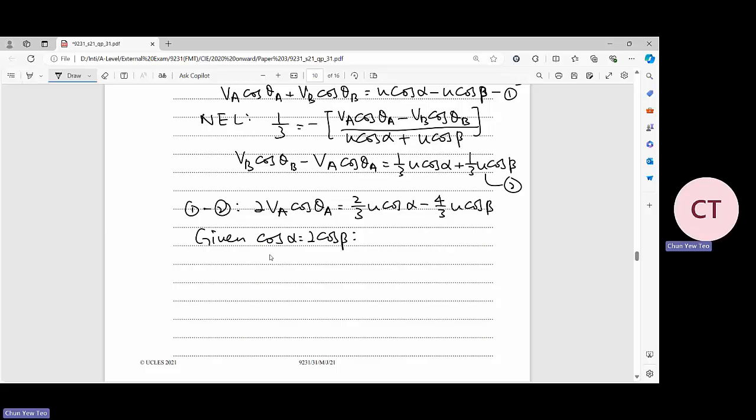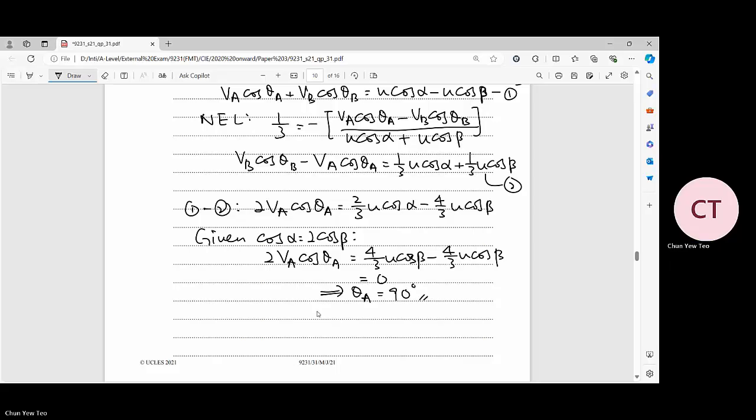That means your 2VA cos theta A is equal to 4/3 U cos beta minus 4/3 U cos beta. So you can see that it's 0. Cancel it, you get 0. That will give you theta A equal to 90 degrees.